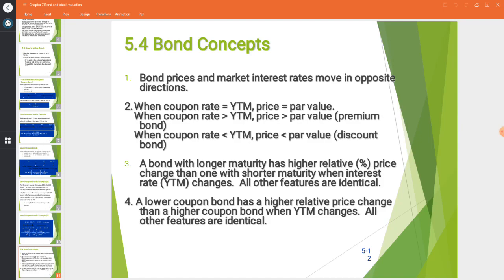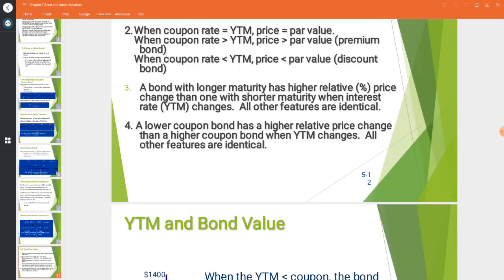The fourth rule, a lower coupon bond has a higher relative price change than a higher coupon bond when YTM changes, assuming all other features are identical. And you must be aware of these rules to understand the bond market.